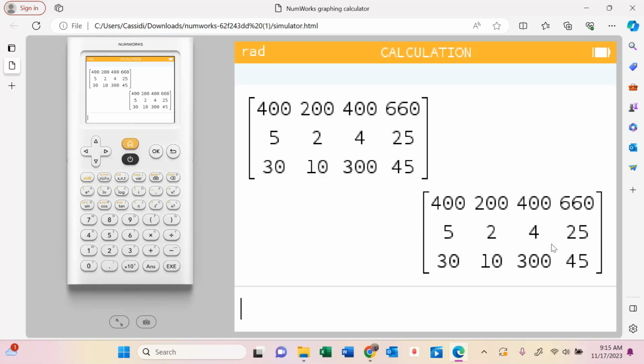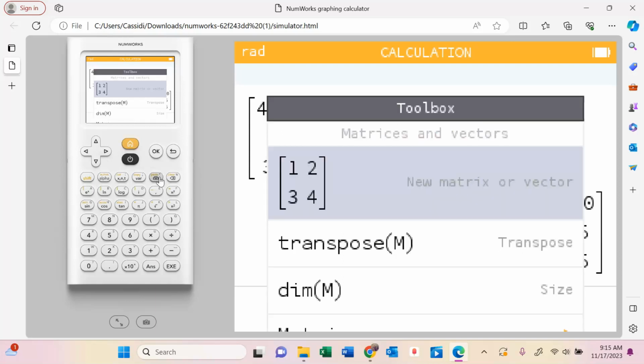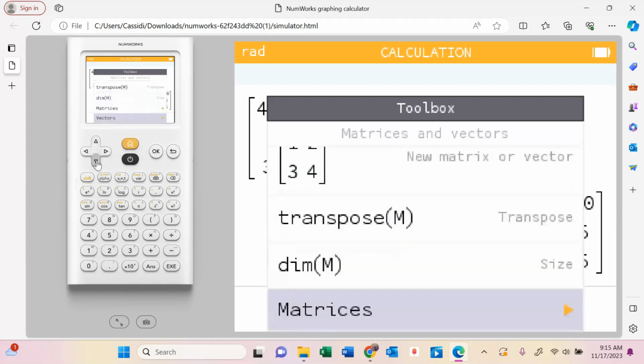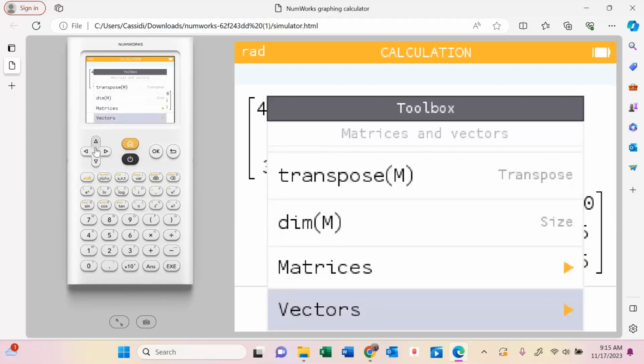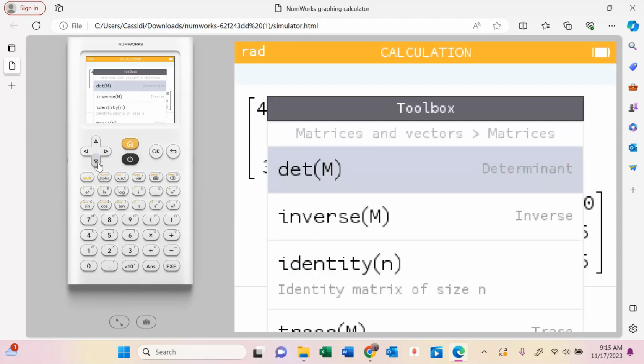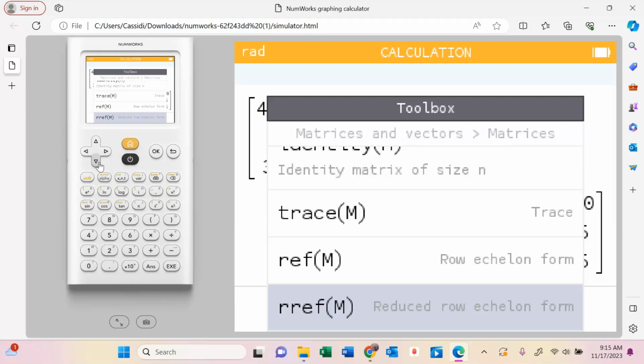So it does just have that 3x4 matrices there. So once we do that, we can now go back and click that toolbox again. And you see it's still on matrices and vectors. So we can scroll down until we see matrices and then click Enter. And then we're going to scroll down until we see our ref, which is reduced row echelon form, and you can see that's written out here right there.